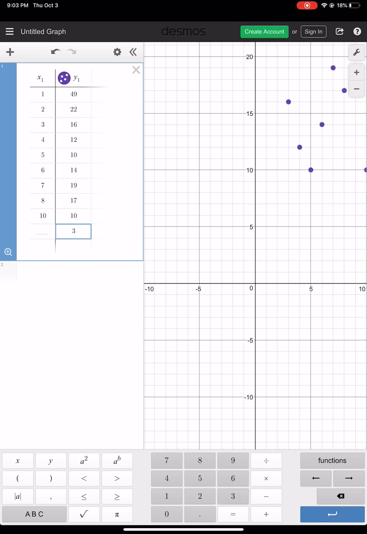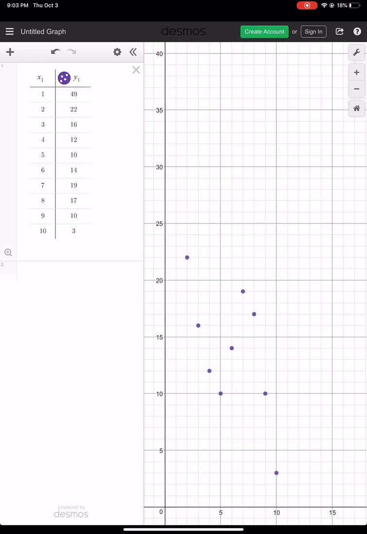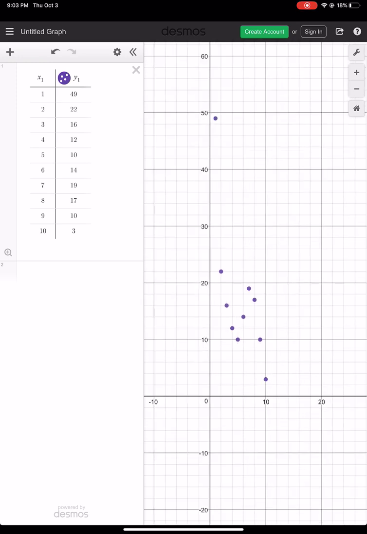It looks like I did something wrong here. 1, 2, 3, 4, 5, 6, 7, 8. Oh, and I forgot the 9. So if we look at our graph, we can almost see everything, but we might need to zoom out.